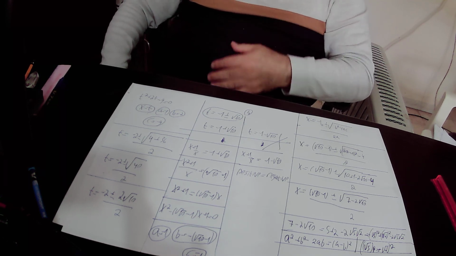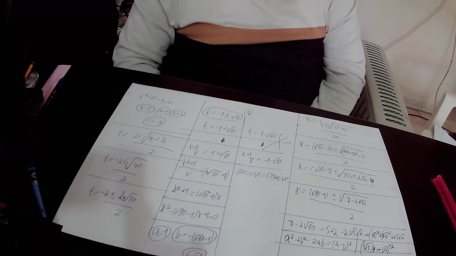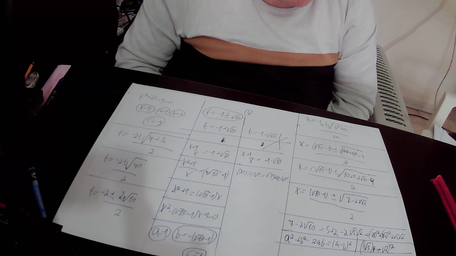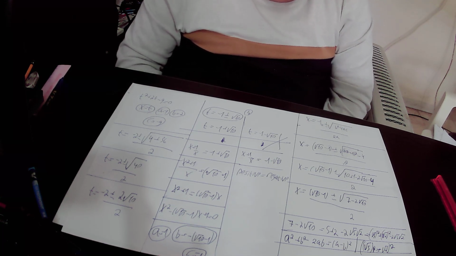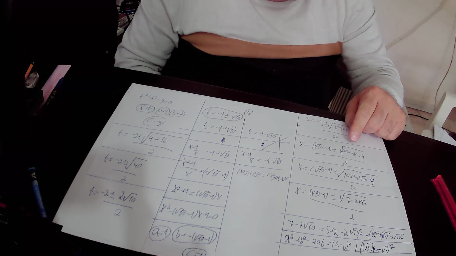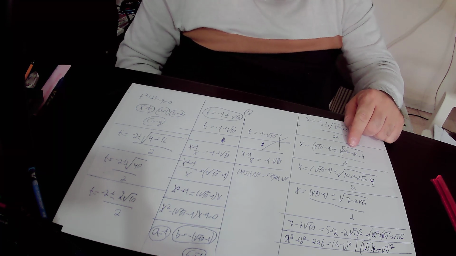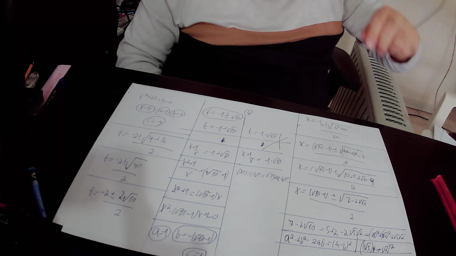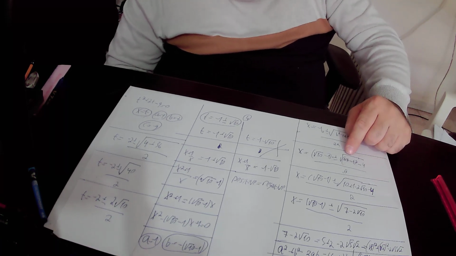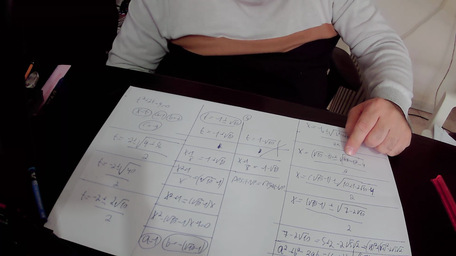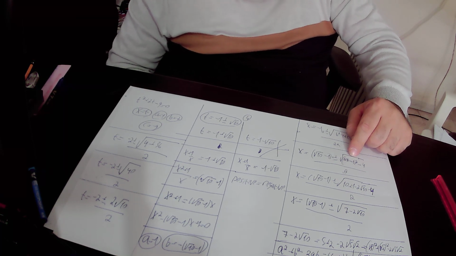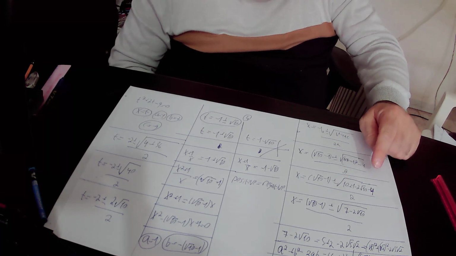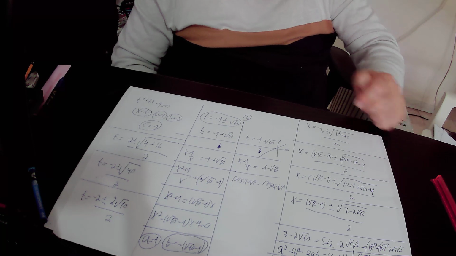So we got that x equals square root of 10 minus 1, plus minus square root of (square root of 10 minus 1) squared, which is a squared plus b squared minus 2ab. A squared is square root of 10 squared, which is 10, plus b squared, b is 1, so b squared is 1 squared, so it is plus 1, minus 2 times square root of 10, minus 4, over 2.